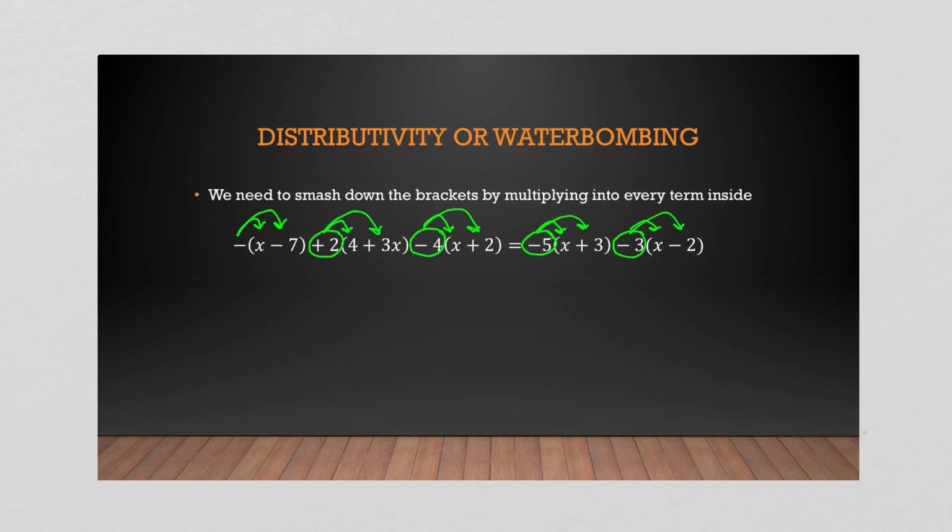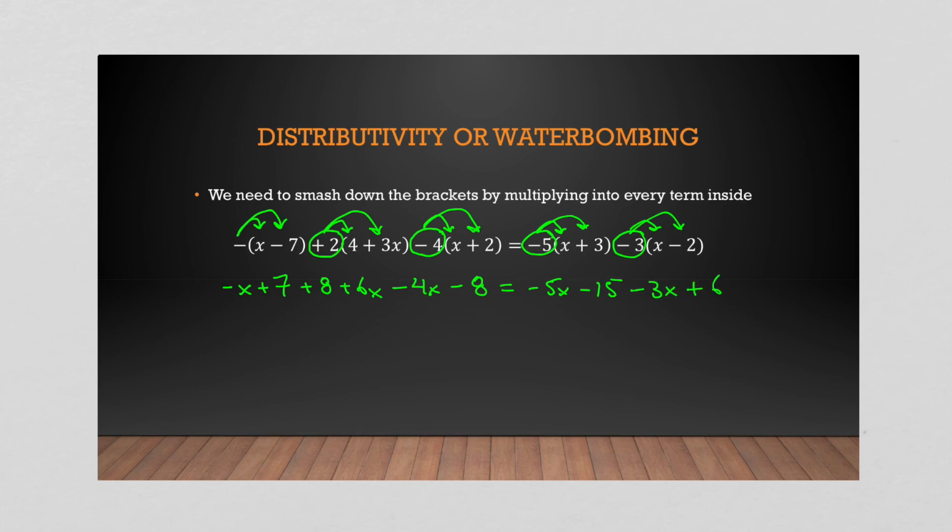So please be careful. Negative x plus 7 plus 8 plus 6x minus 4x minus 8. Now I say that, I make these mistakes too, which is why I make a bit of a fuss here. Negative 5x minus 15 minus 3x plus 6.